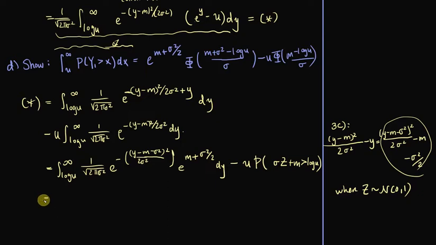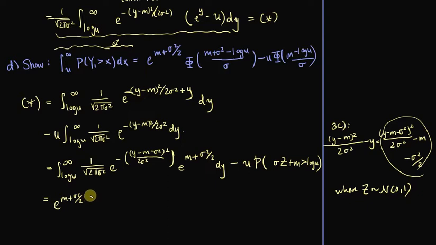Now we can also find something similar in the first expression. We can take e to the m plus sigma squared halves outside, and what we get inside is just the density of a normal variable with mean value m plus sigma squared and variance sigma squared.